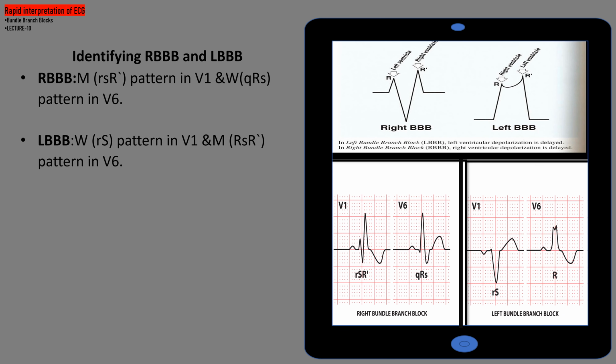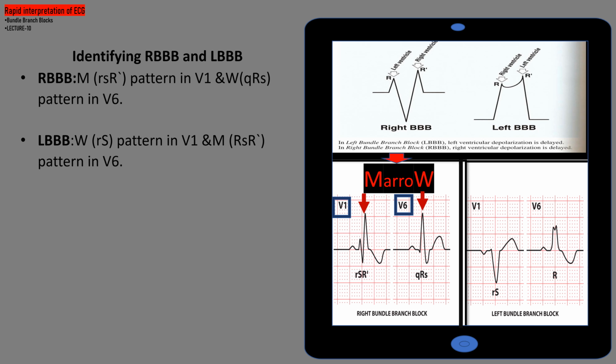Differentiating between a right and a left bundle branch block is crucial for accurate diagnosis. In a right bundle branch block, specific changes appear on the ECG. In leads V1 through V3, an RS-R' pattern is often seen, which is described as M-shaped. In the lateral leads, which include lead 1, lead AVL, lead V5, and lead V6, a wide, slurred S wave can be observed.